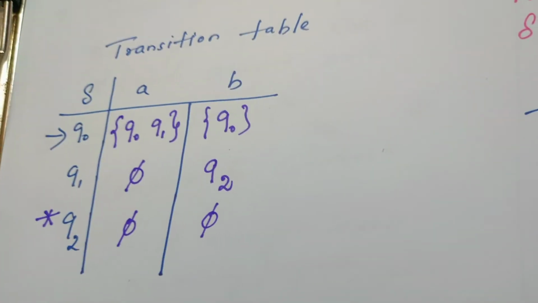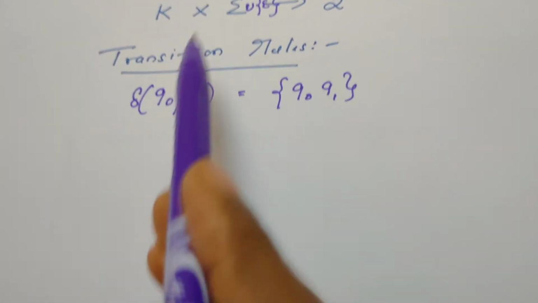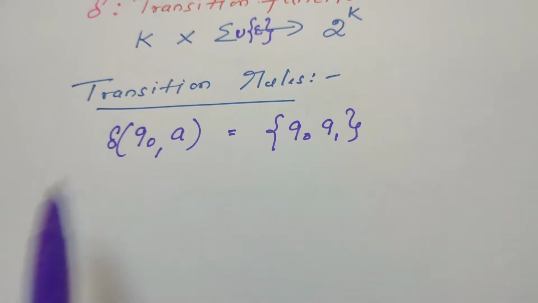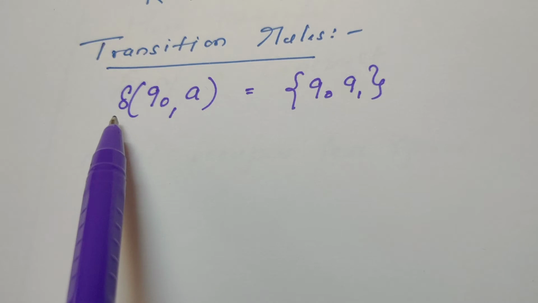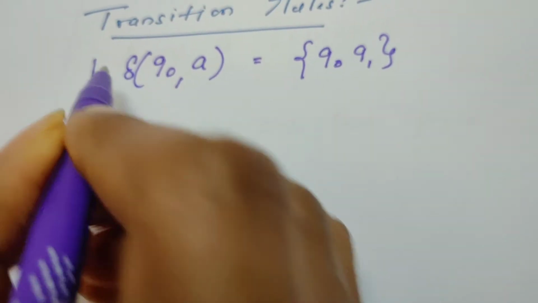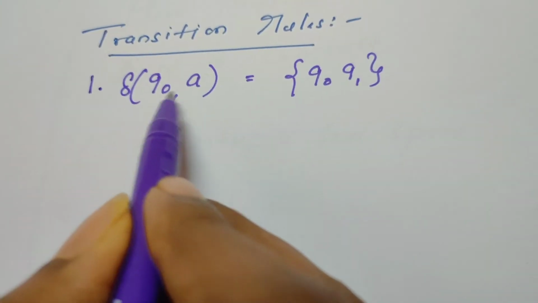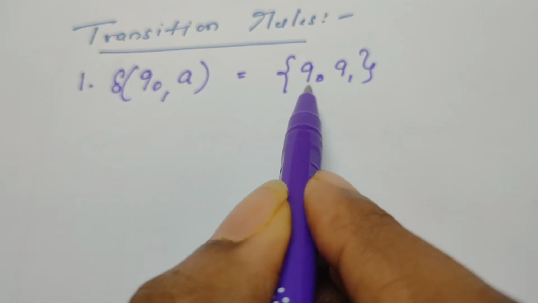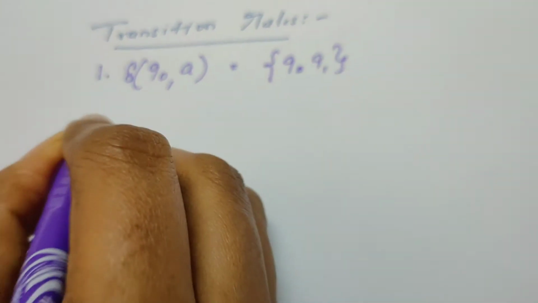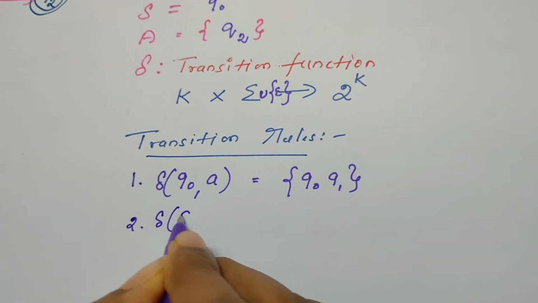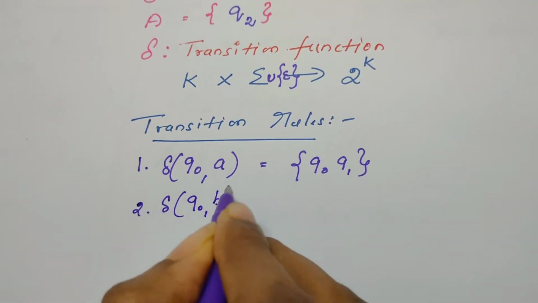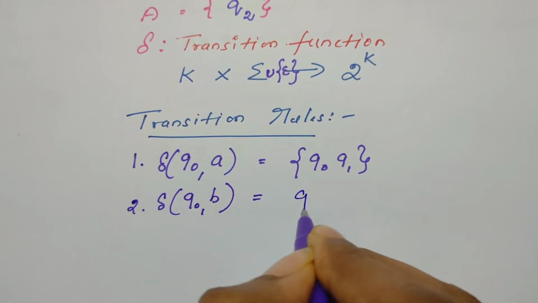Now let us start writing the transition rules here as per this format. I have already written the first rule. Let us continue to write the rest of the rules. Rule number 1: from the state Q0 on reading A, it goes to Q0 as well as Q1. Now, the second rule says from the state Q0 on reading B, it goes to Q0.